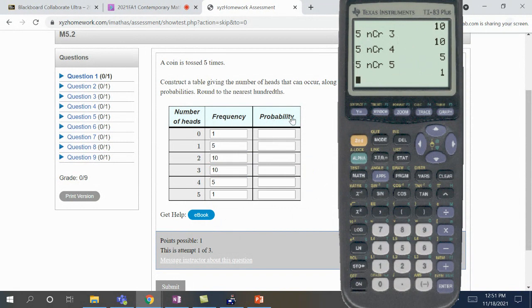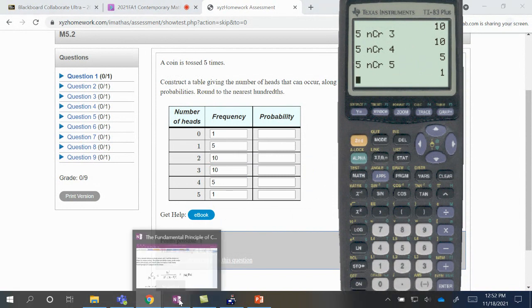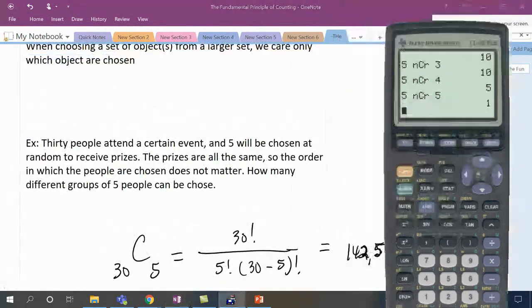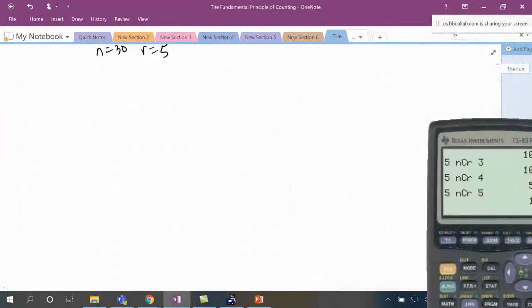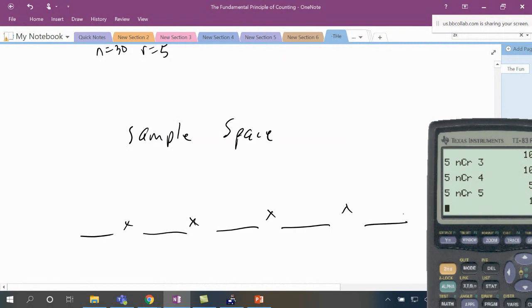Now, what about the probability? For the probability, we simply take the frequency divided by the sample size, or the entire sample space for tossing a coin 5 times. We're going to map that out by using the counting principle. We're tossing a coin 5 times: one, two, three, four, 5.